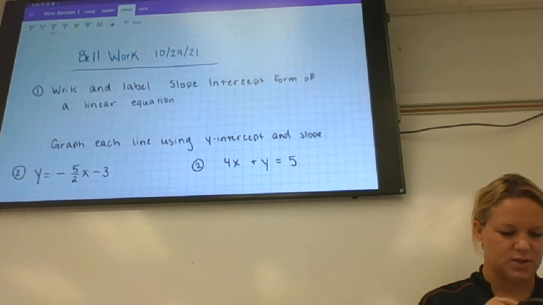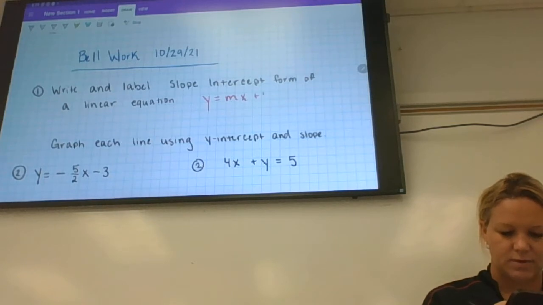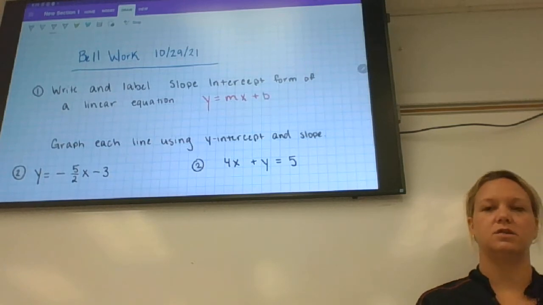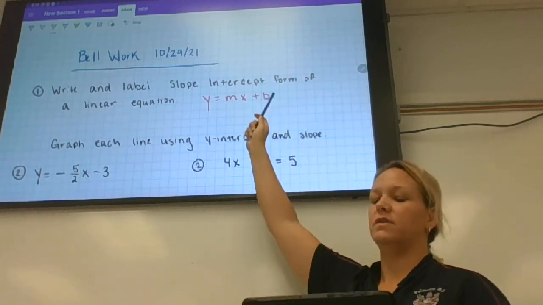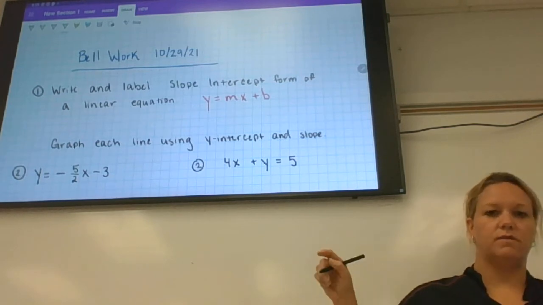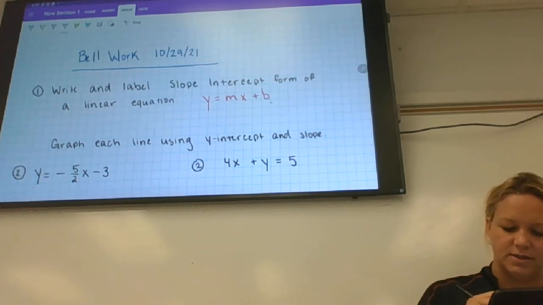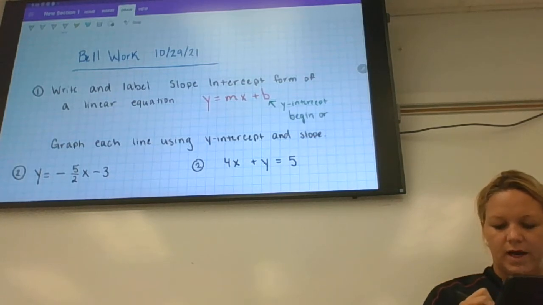Okay, write and label the slope-intercept form of a linear equation. So here's what I'm looking for. We spoke about this yesterday as being just like direct variation, though it doesn't go through 0, 0. It goes through whatever number is in this B spot. And that's the writing it. The labeling it, I like to see a nice little arrow. This is the y-intercept, and it's where you begin on the y-axis.